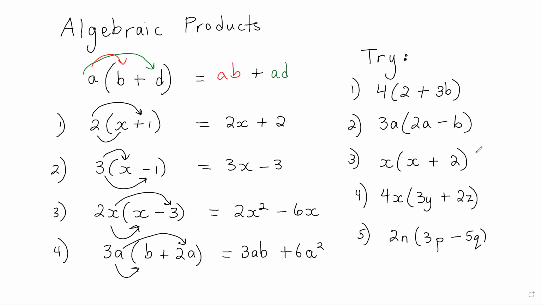On the screen, right? So we had this first one, 4 twos are 8, and then 4 times 3b will be 12b.